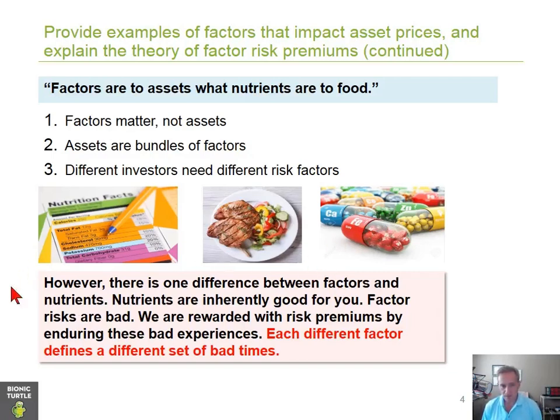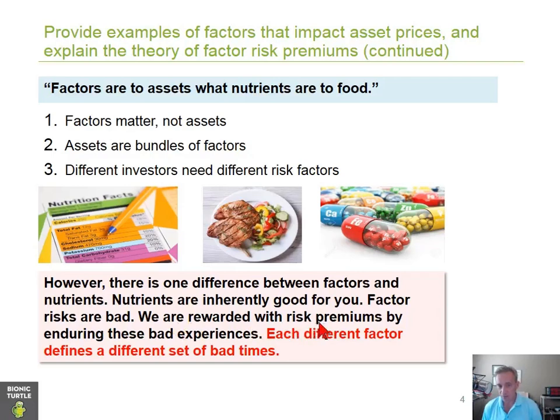But here's the key difference, and we're getting very close to summarizing the key idea in factor theory. I've studied these chapters carefully, so I'm pretty confident what the headline idea here is, and we're getting really close to it. This is why I highlighted this. However, there is one difference between factors and nutrients. Nutrients are inherently good for you. Factor risks are bad.